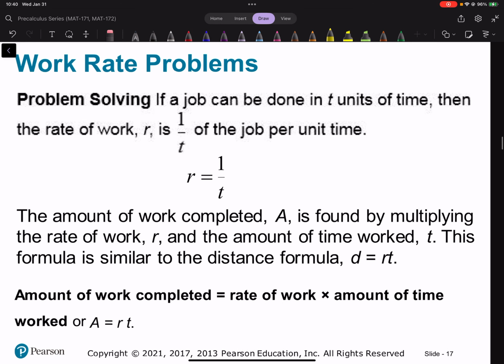Okay, let's talk about work rate problems. So with work rate problems, pretty much you're analyzing the amount of time it takes someone or something to complete a job. You'll have situations where there are two people and both of these people are working together to complete a job.